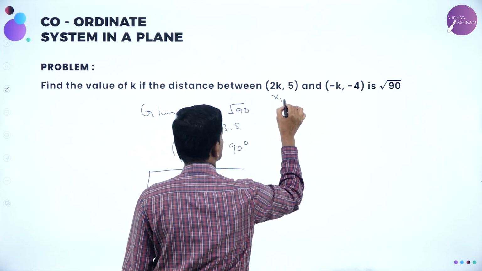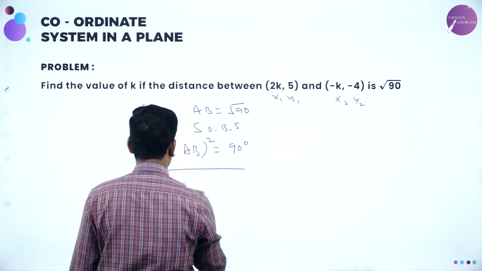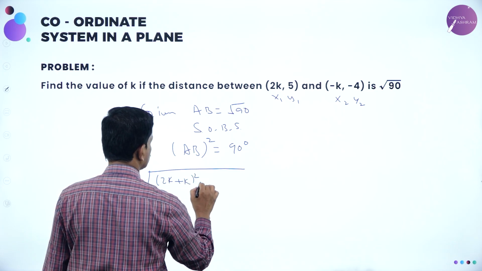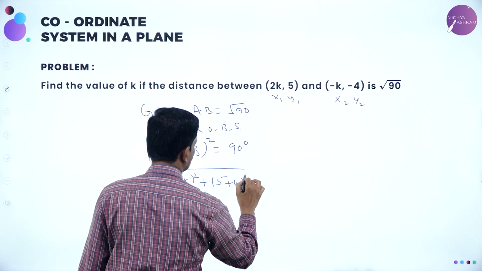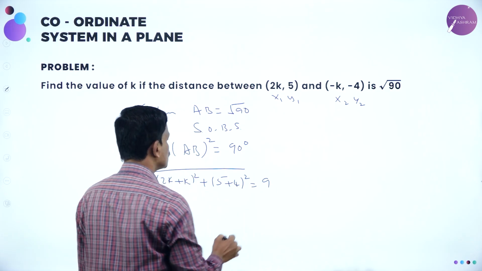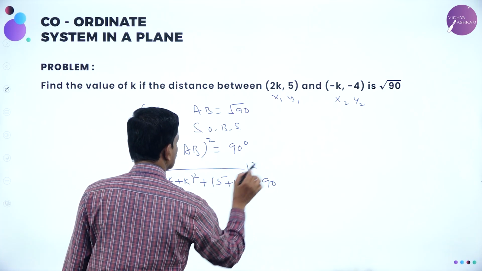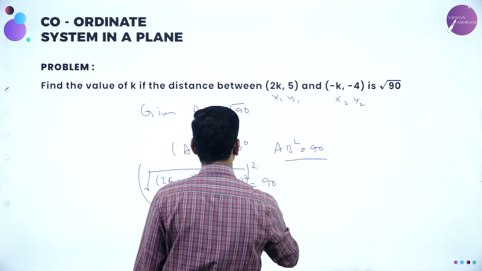This is x1 y1 x2 y2. 2k minus into minus plus 2k plus k whole square plus 5 minus into minus plus 4 whole square is equal to 90. So this is whole square. That is AB square is equal to 90.